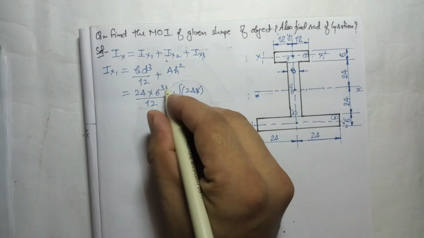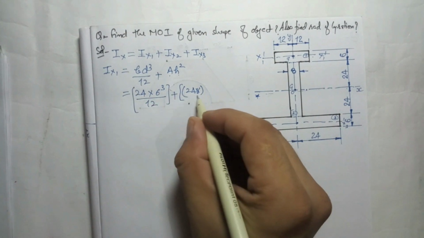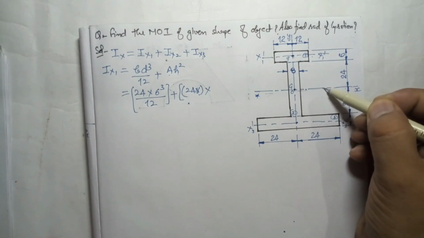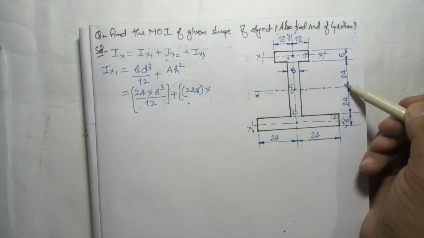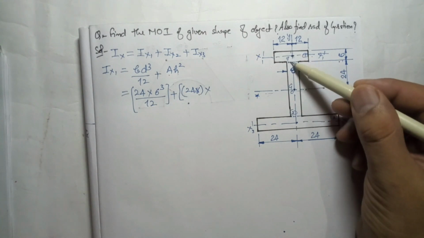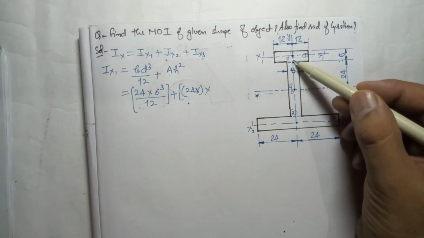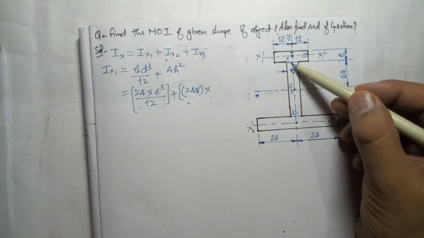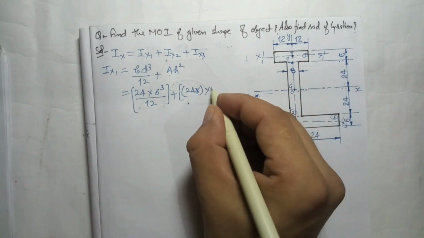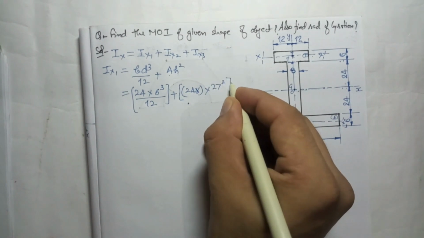Area into h squared. h is the distance from this axis to this axis. Now we have the value 24, and half of this, because the centroid will be at half of the portion, as we have solved in the numericals, so this will be 3. So 24 plus 3, this is 27 squared.